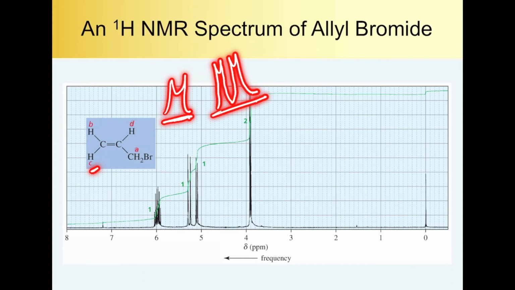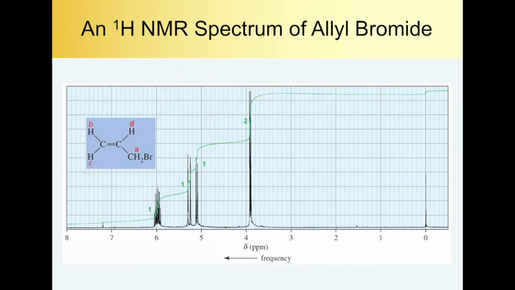something like this. Okay, and the same thing is going to happen with the C proton as well. The C proton will first be split by the D proton, and again that doublet will be split by the B proton. So on the whole, you will be getting 2 doublets of doublets, one for the B proton, another one for the C proton, which you can see right here.